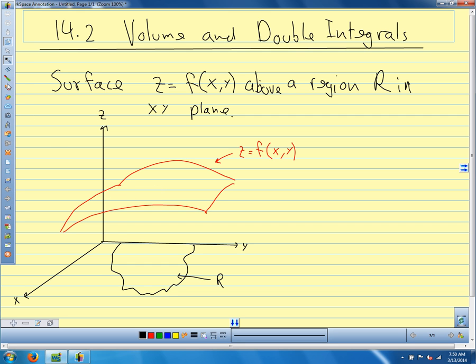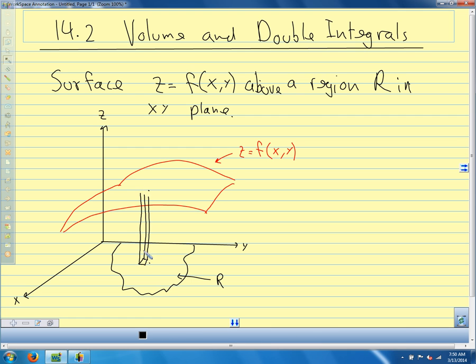So what we're going to do is draw little, approximately rectangular prisms here in the xy plane. And we're going to project that up onto the surface, like so.